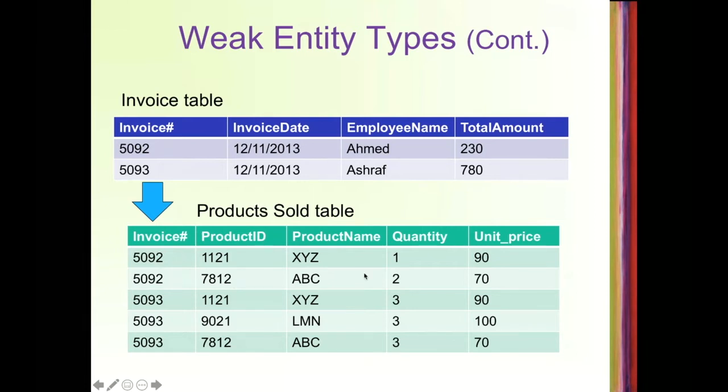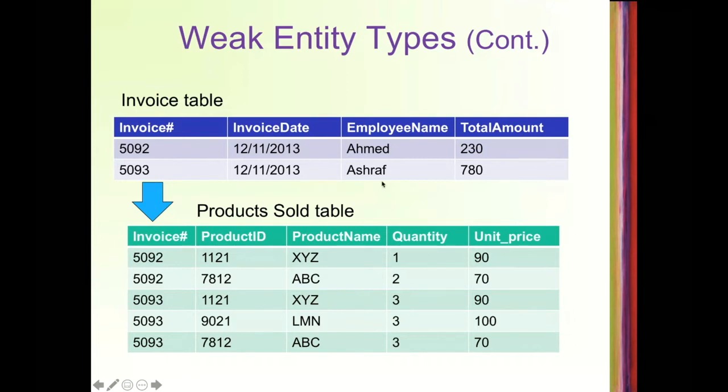It means the first two items go to invoice number 5092. And the last three items all have their invoice ID 5093. So these three items belong to invoice 5093, the second invoice here.